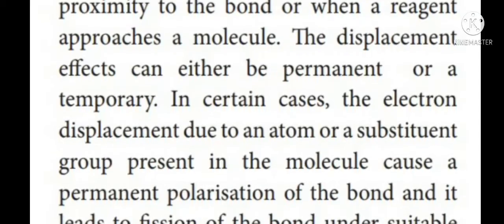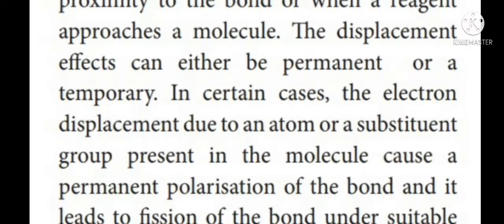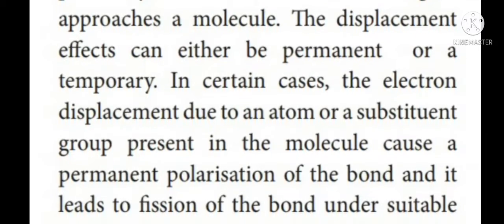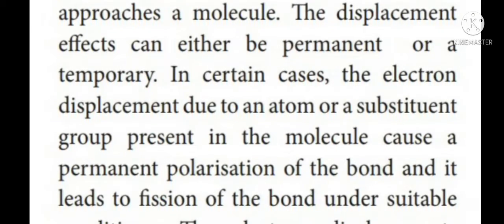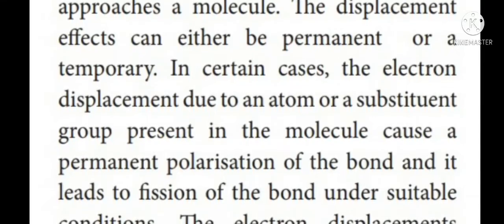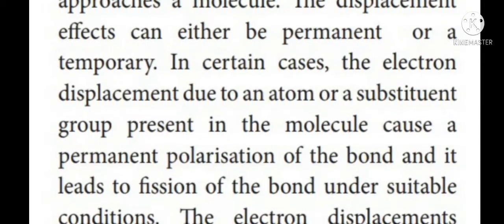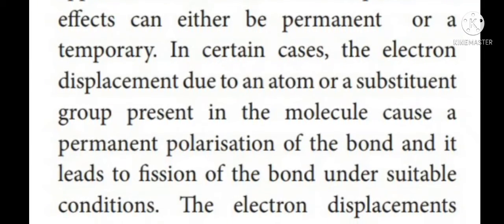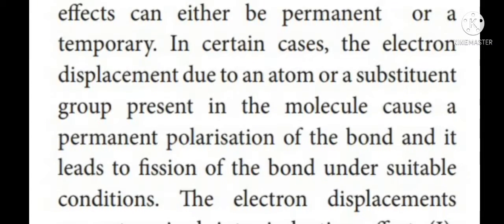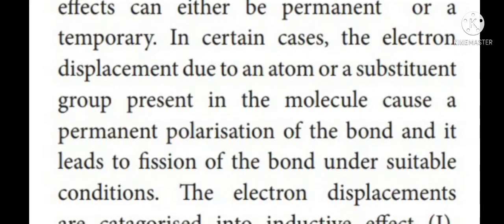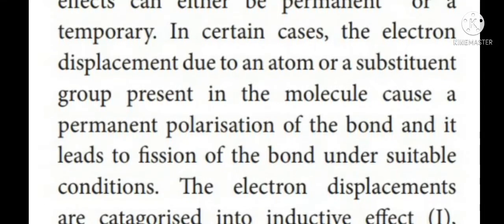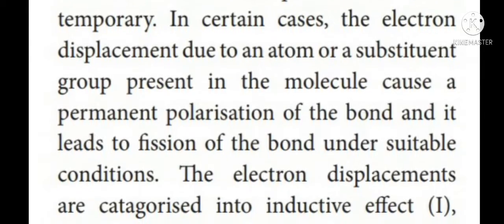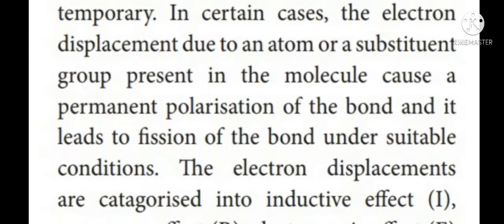In certain cases, electron displacement is due to the atom or a substituent group present in a molecule, which makes a permanent polarization of the bond, and it leads to the fission of the bonds under suitable conditions. Here, the electron displacements are categorized into inductive effect, resonance effect, electromeric effect, and hyperconjugation.